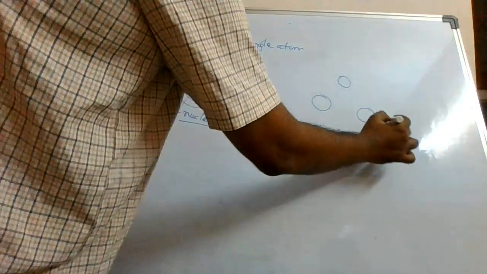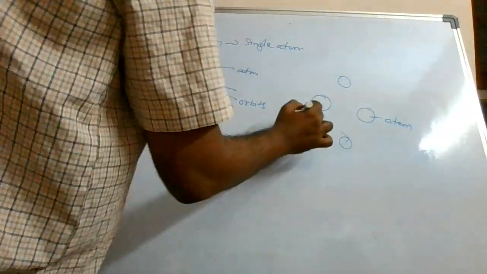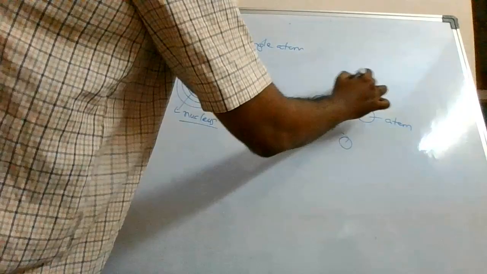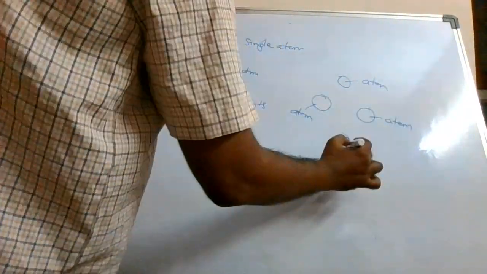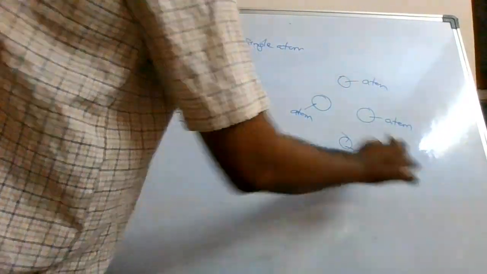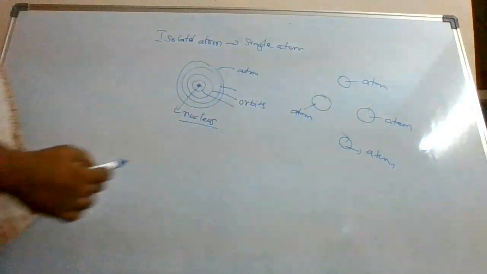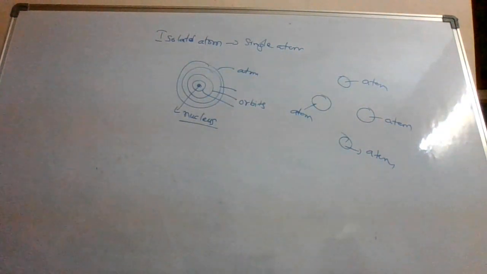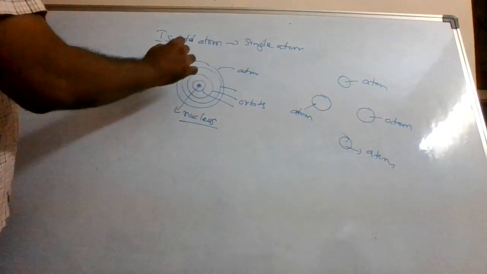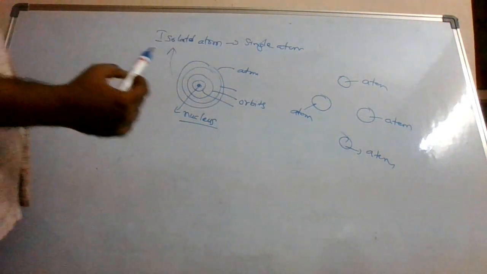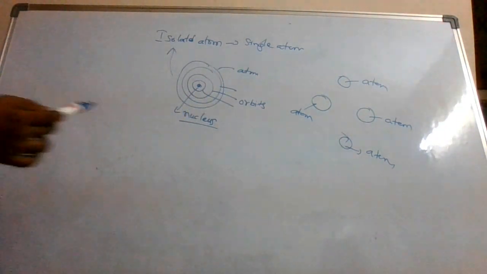A system of atoms can be like this. This is an atom, this is another atom, this is one more atom, and this is one more atom. This is a system of atoms, a group of atoms. This is an isolated atom, but usually when you take a sample of matter, it will be in this format.